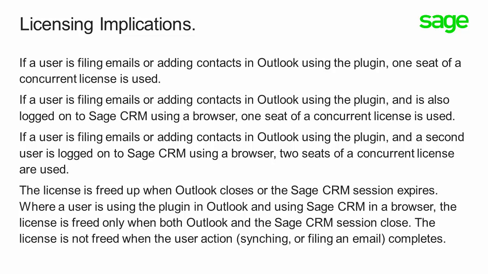If that's on a different machine though, so if a second user is logged on to Sage CRM using a browser, then that's when two different users' licenses are used up. And the licenses are freed up when you close Outlook or when the Sage CRM session expires.